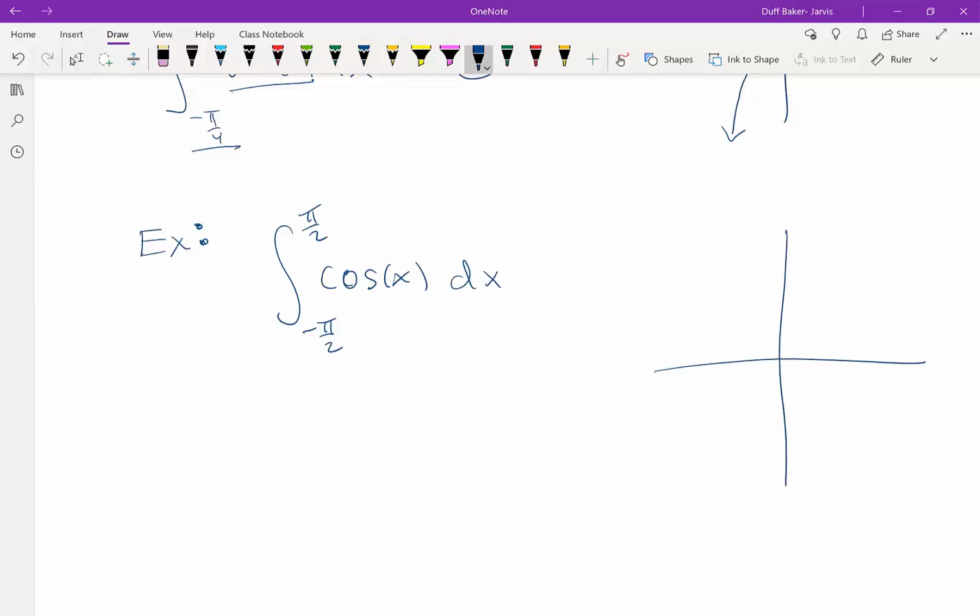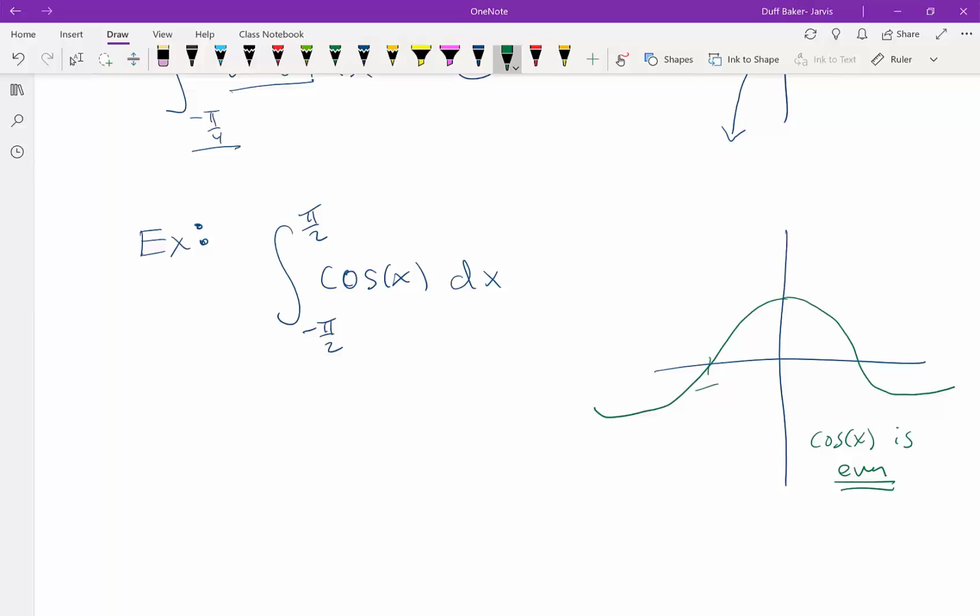well, cosine of x, if you think about its graph, does something like this. You know, so the point here is cosine is even, right? Cosine is even, sine is odd. Let's try to make it a little more symmetrical.